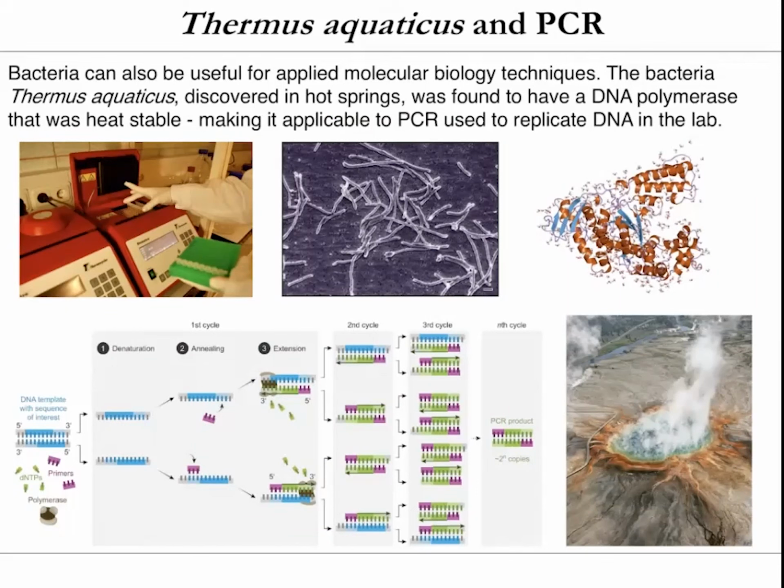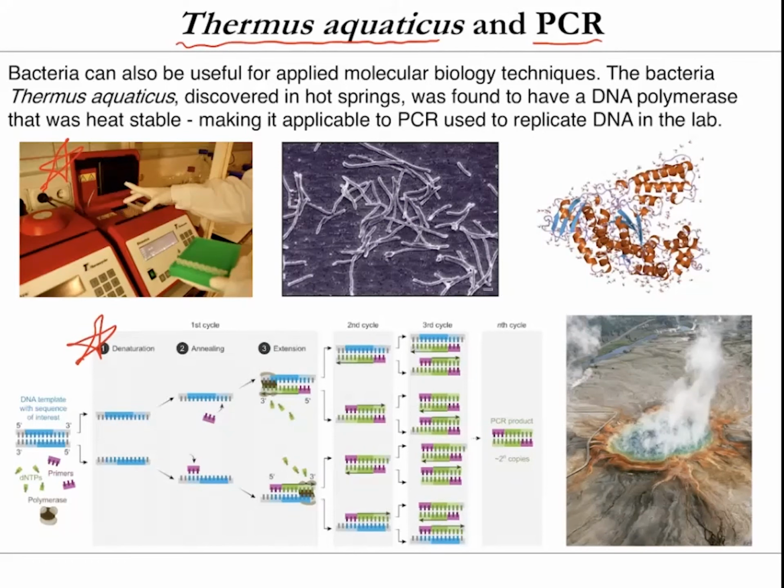One example is the bacteria Thermus aquaticus, and its relation to PCR, or the polymerase chain reaction, which we talked about in the previous lecture. Without this bacteria, PCR, which is the ability to replicate a specific region of DNA in the lab, just using some reagents and a thermocycler, would not be possible.